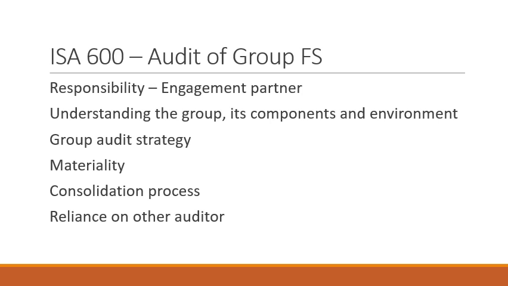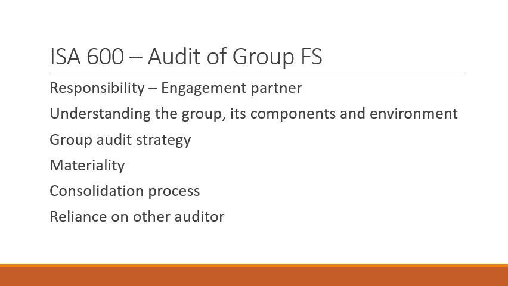But then it could possibly be that not all differences which are assessed as material on the statutory level would be material at the group level, so that would influence the group reporting. In terms of the consolidation process, how the entity conducts its consolidation, they may have controls over that process for ensuring that all of the different components in their group report their figures in an accurate, timely and complete manner.